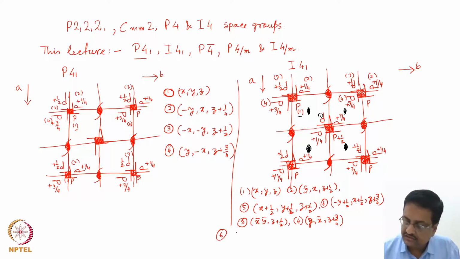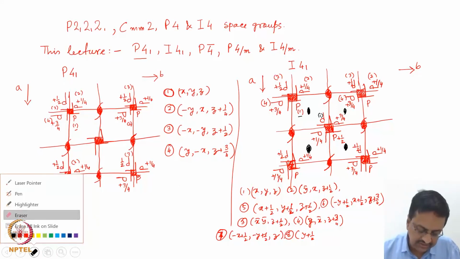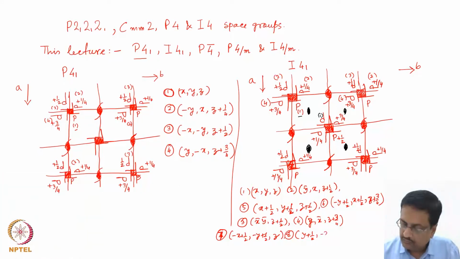Point number 7 would be minus x plus half, minus y plus half, z, and point number 8 would be y plus half, minus x plus half, z plus 1/4.